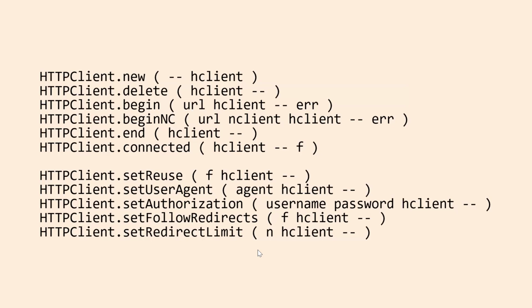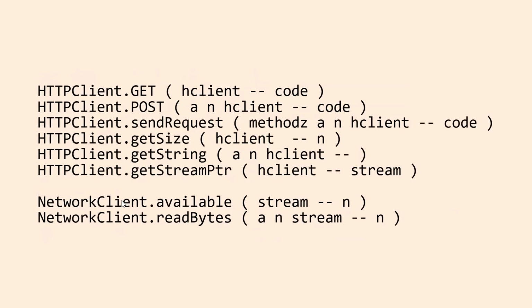Then you need to be able to set up an object for the network connections. You need to be able to allocate them. Begin a connection, giving a URL that's also a null terminated string. There's a bunch of options for setting whether you want the connection to be reusable, or set your user agent if you want to specify things like that, or the number of redirect hops that will be supported.